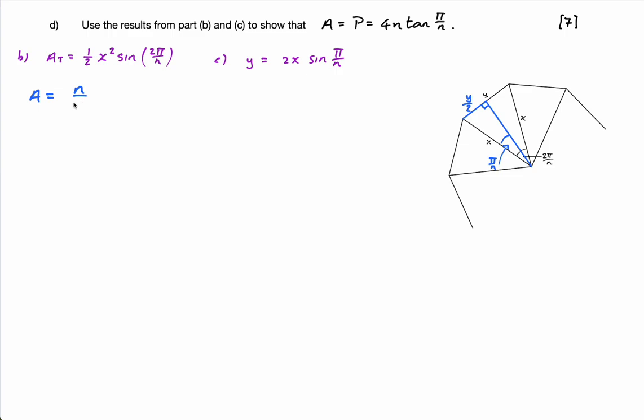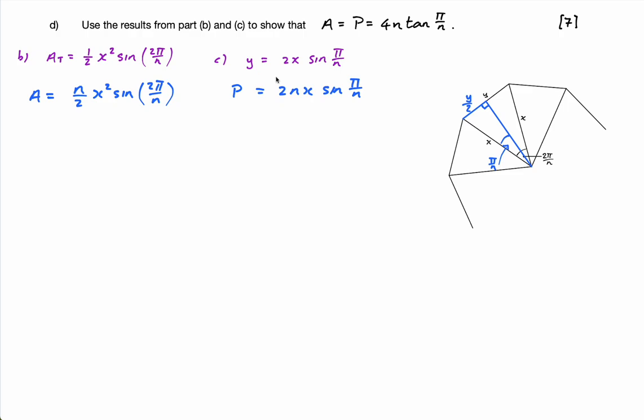That's the first thing to get your head around. n over 2 x squared sine 2 pi over n. Second thing to consider is that P is going to equal n of these, because there are n y's for the perimeter. So that's going to be 2nx sine pi over n.